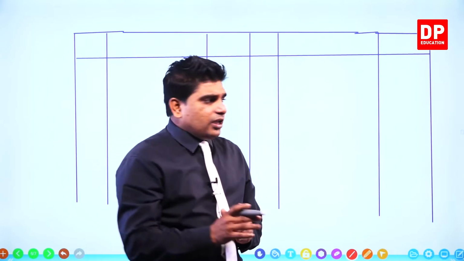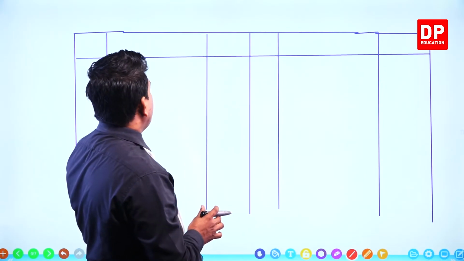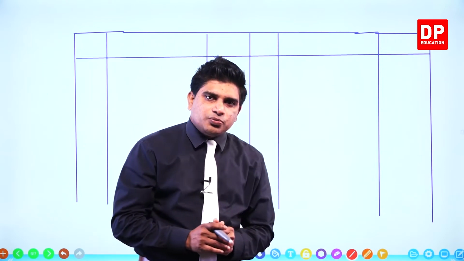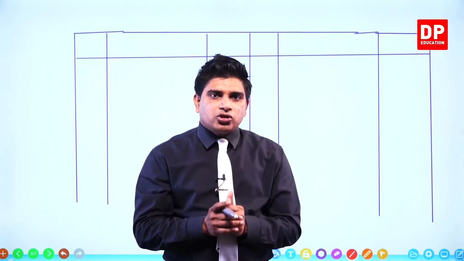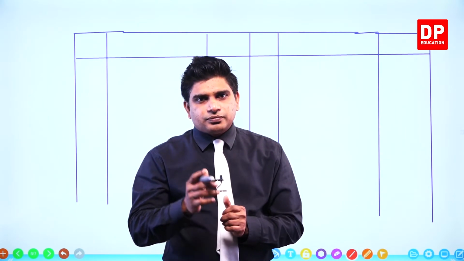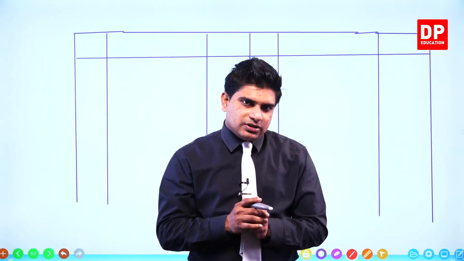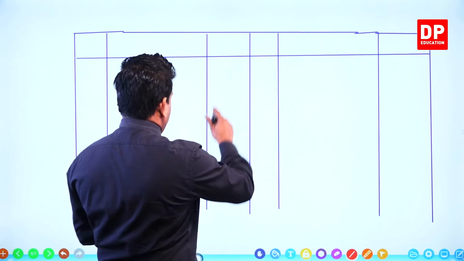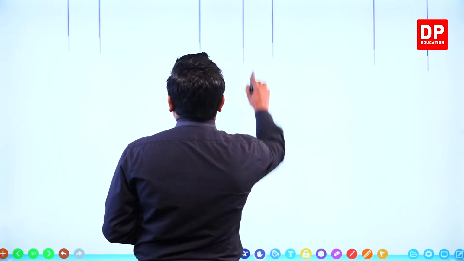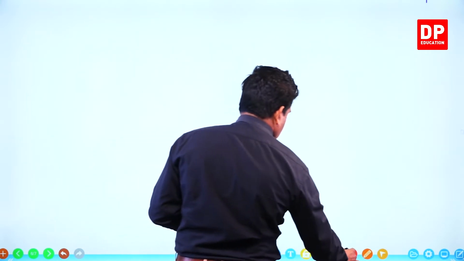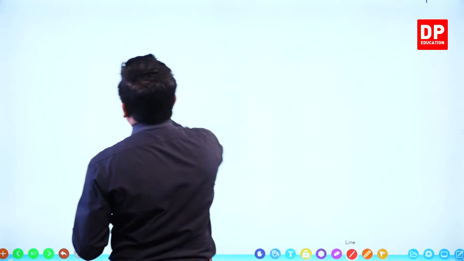Here I use blue color to draw the receipts and payment account and also the income statement. This is receipts and payment. Then below I draw the income statement.